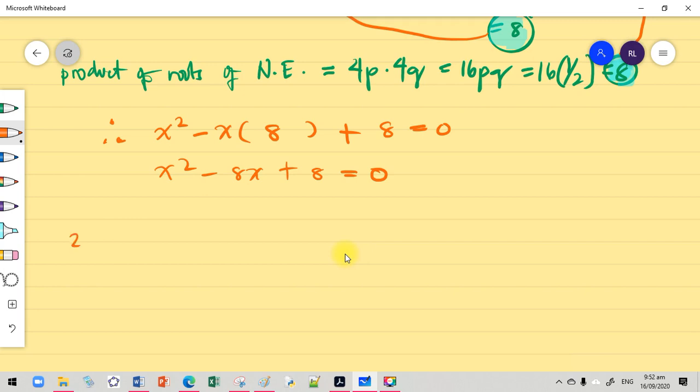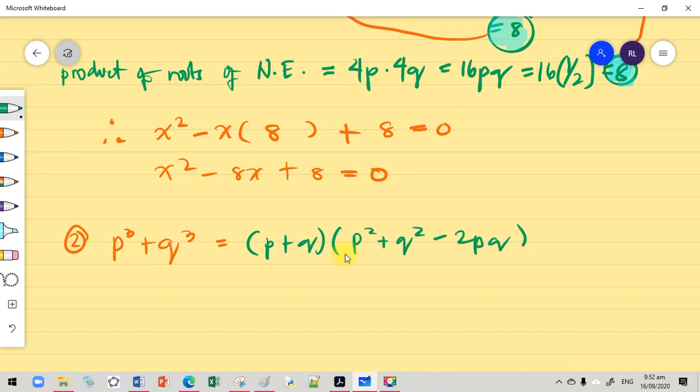So we have number 2. Let's find first the sum of the roots of the new equation, that is p cube plus q cube. And we know a while ago that this is just p plus q times p squared plus q squared minus 2pq.